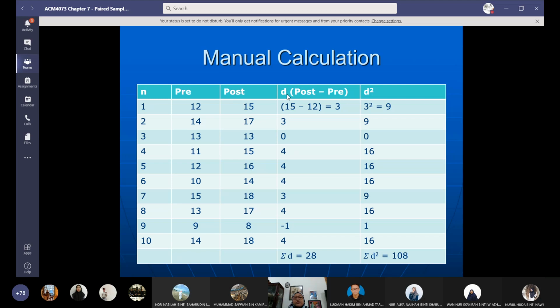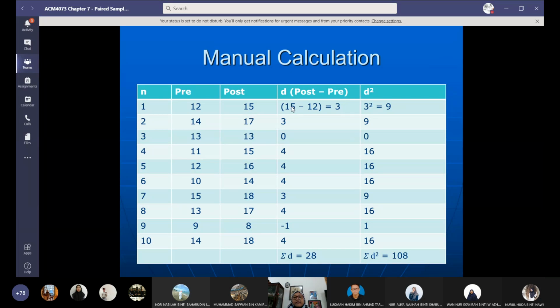First, you must get the D value. How do you get the D? What do we mean by D? D is differences. To get the differences, you have to take away the before training scores from the after training scores.